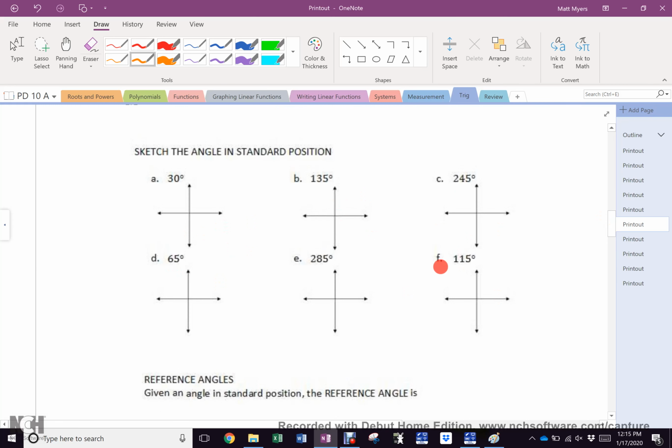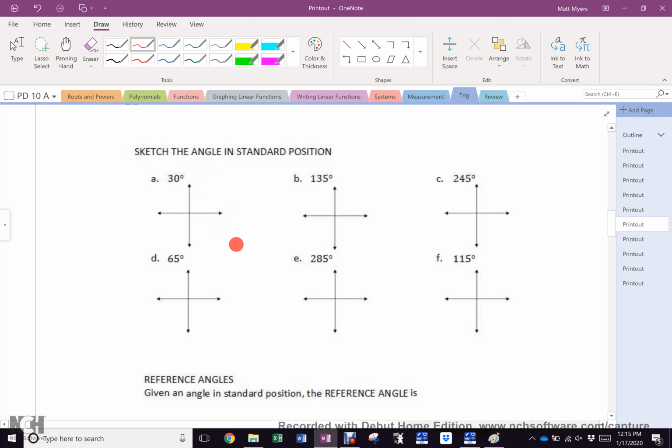Sketch all of these angles. You do not have a protractor, so what am I looking for? I'm only looking for it to be in the right quadrant, yes? Okay, and appropriate, right? If it says 2 degrees, you wouldn't draw it there, right? Because 2 degrees would be a very little bit. You've got to draw 6 lines.